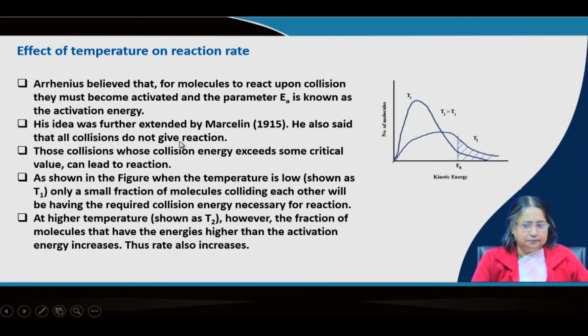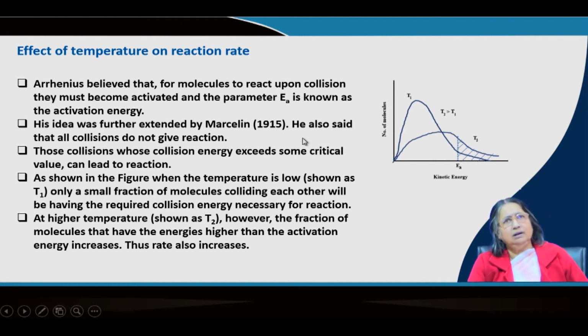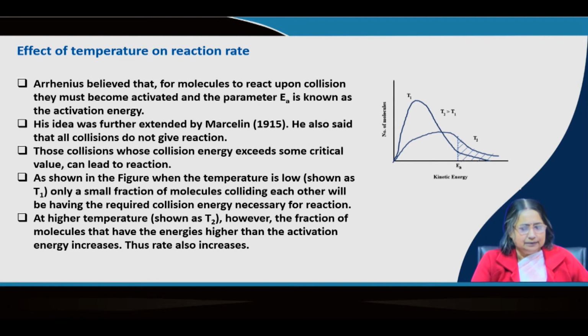He also said that all collisions do not give reaction. Those collisions whose collision energy exceeds some critical value can lead to reaction. This is the main thing. So, collision energy should exceed the activation energy. Then they will give the reaction.